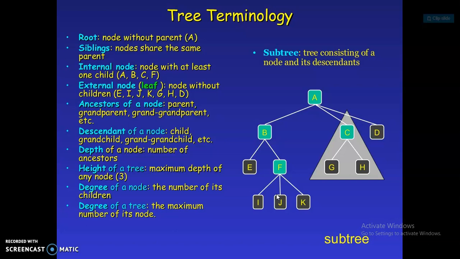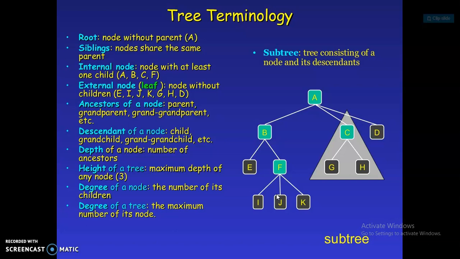Okay, and degree of a node. It is the number of its children. Whatever node has a number of children, the count of those children is called the degree of that particular node. So A's degree is the number of its children, B, C, D, so its degree is 3.